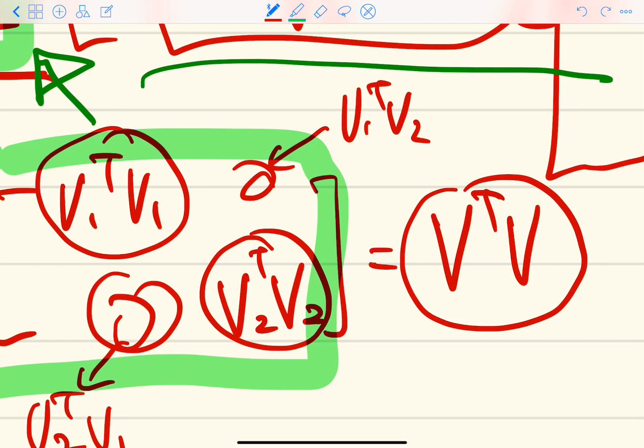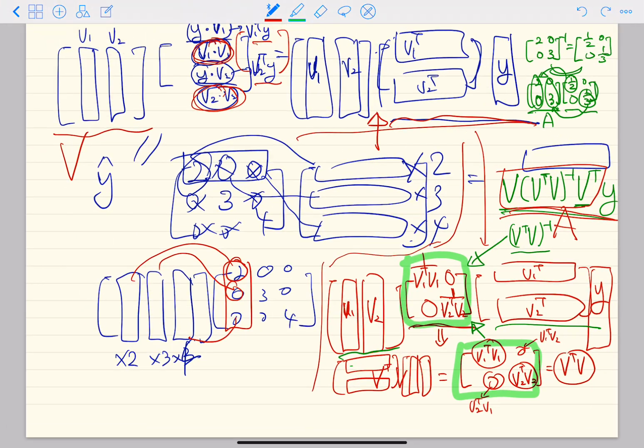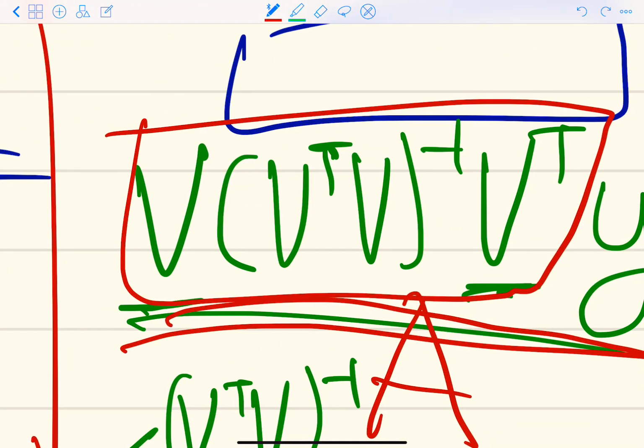And they are simply the squared norm of each basis vector, and then we just take the reciprocal, 1 over this value, and that's it. That's it for computing V transpose V inverse.